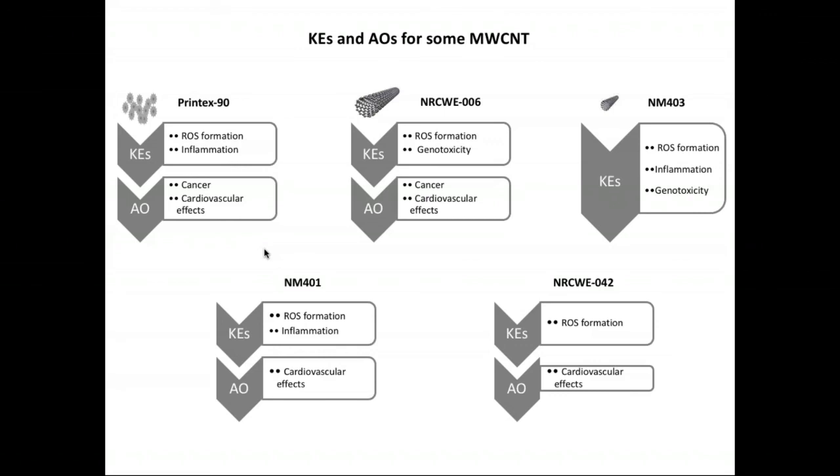In these slides, we present only multi-wall carbon nanotubes, but there are various ones in size, shape, and length. Printex is carbon black. All others are carbon nanotubes, and the difference of size is related to the difference of key events, and at the end, probably it will be related to the difference in adverse outcome.